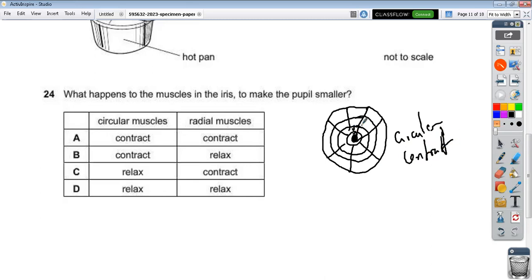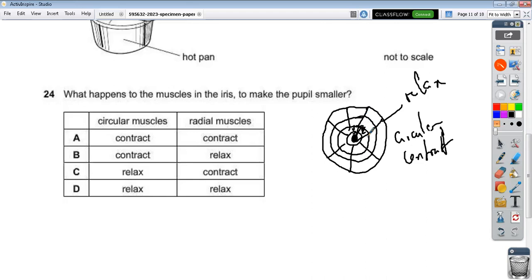And these are antagonistic muscles. It means if circular muscles contract, the radial muscles relax. If it contracts, it pushes this, it becomes smaller. If this needs to dilate so that it absorbs more light, if you want to see things from a far distance, this relaxes and this contracts, the opposite.